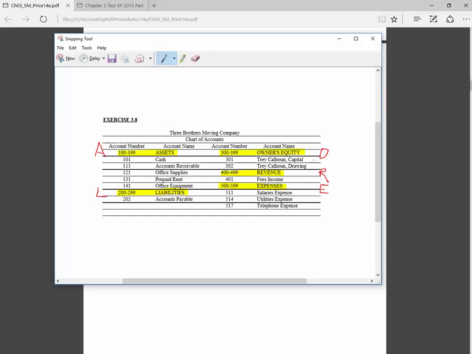Something I'd like you to also know, and we talked about it again today in the classroom, is that of these chart of accounts, the ones that go on your balance sheet are the permanent accounts. Permanent accounts are all of the assets and all of the liabilities and only the capital. The capital, not the drawing.